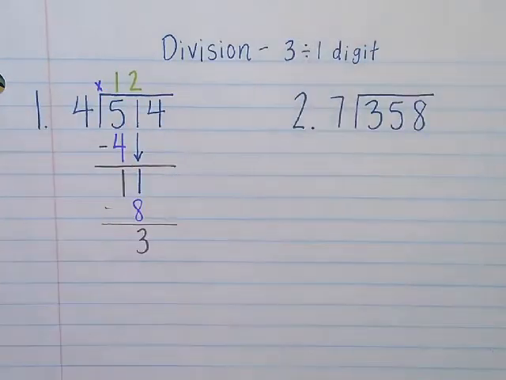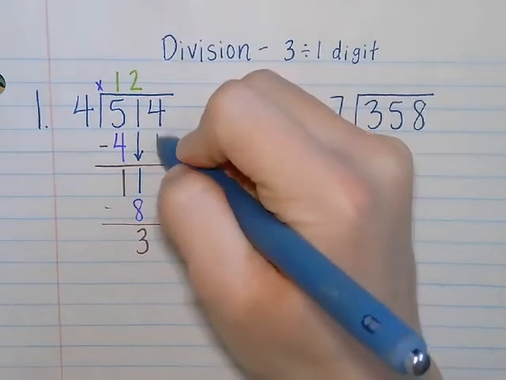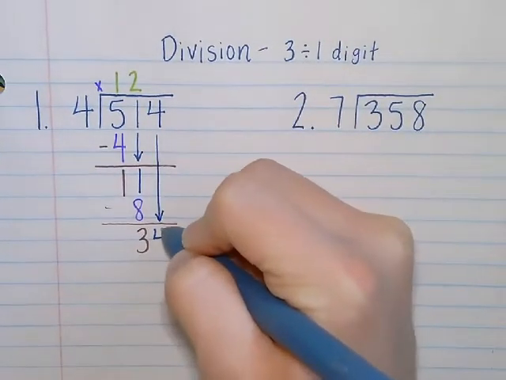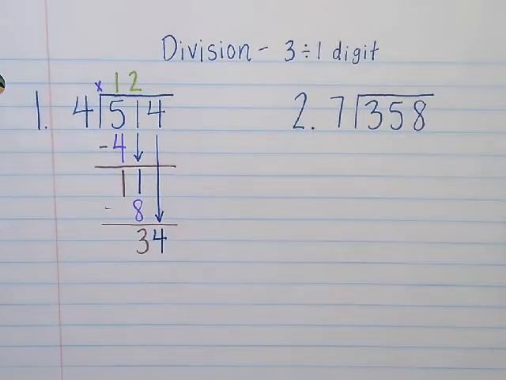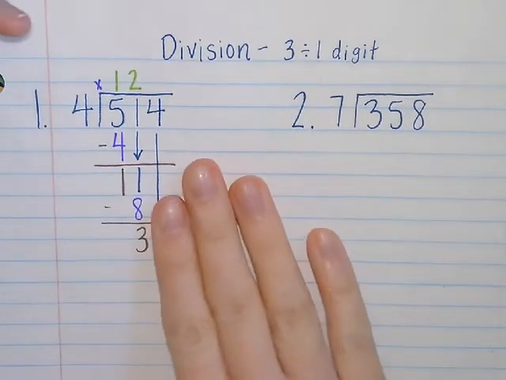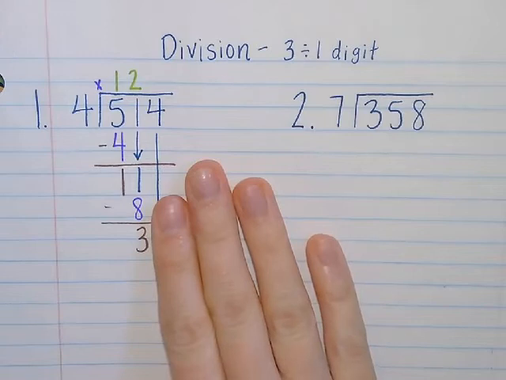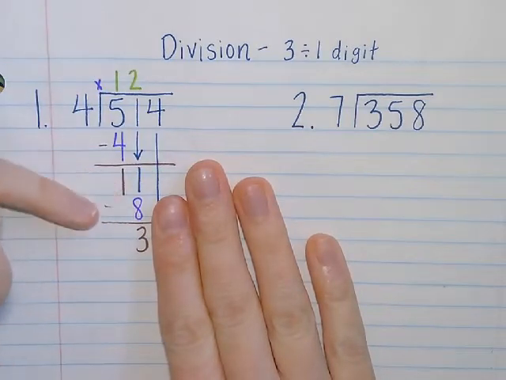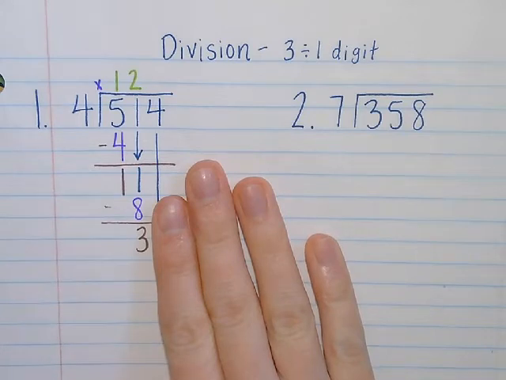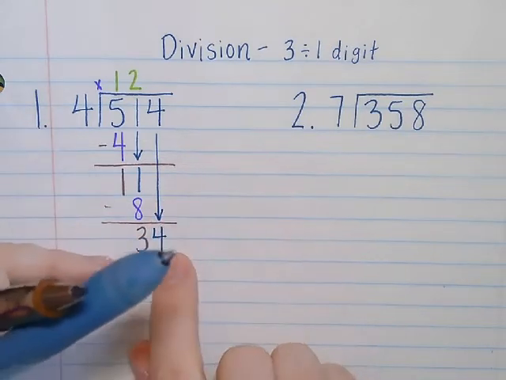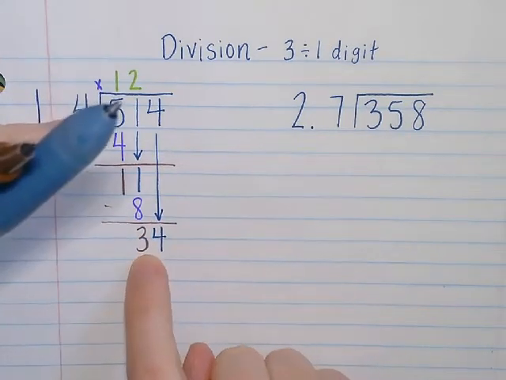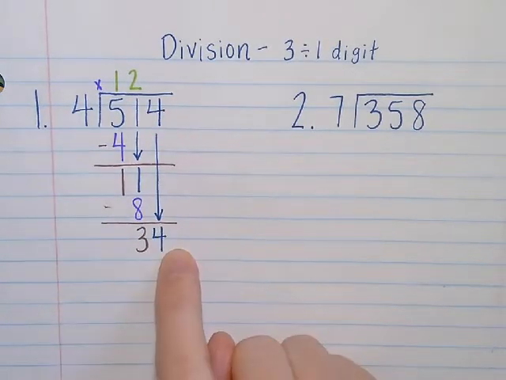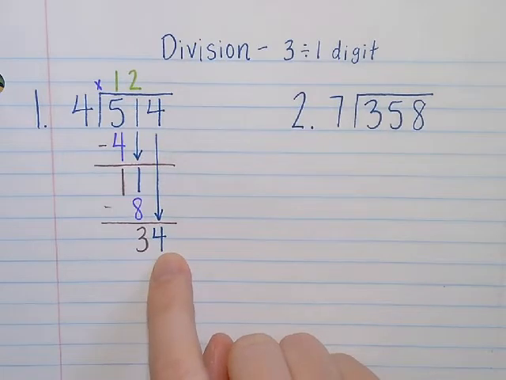So I need to bring down this last number. Again, super important that you check your math. So before I brought down that 4, I needed to see 4 times 2 is in fact 8. 11 minus 8 is 3. Great. The reason why I'm bringing down the 4 is because 4 cannot go into 3 evenly. So I need to make that 3 into a 34.